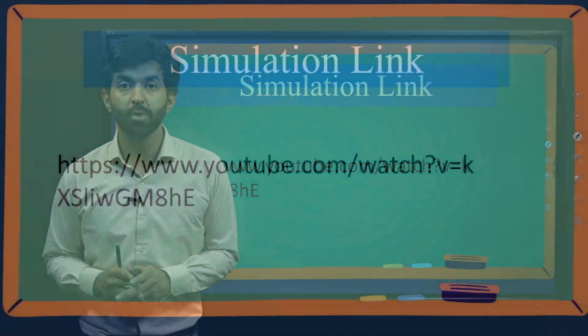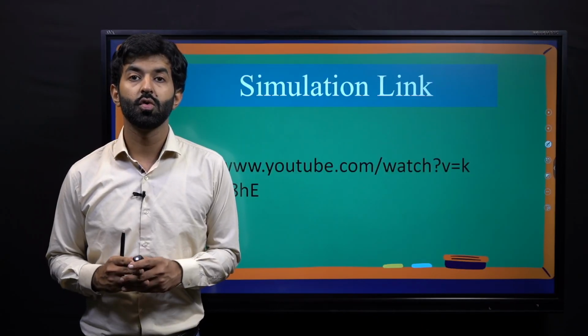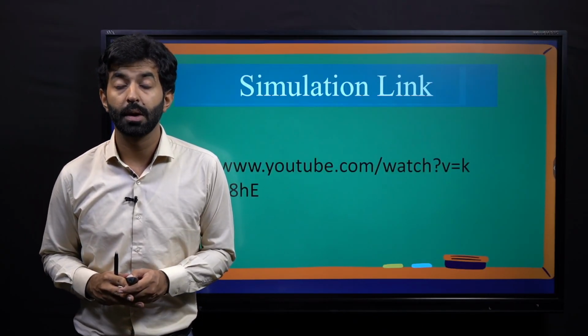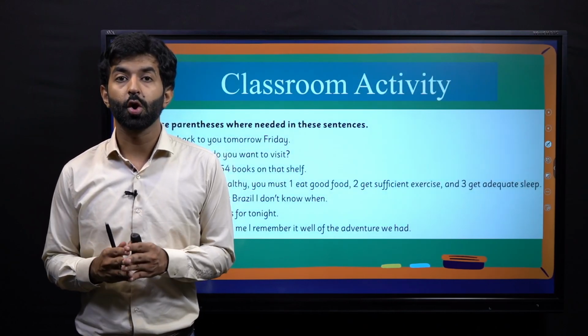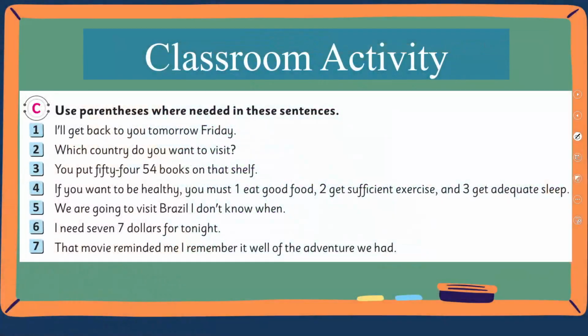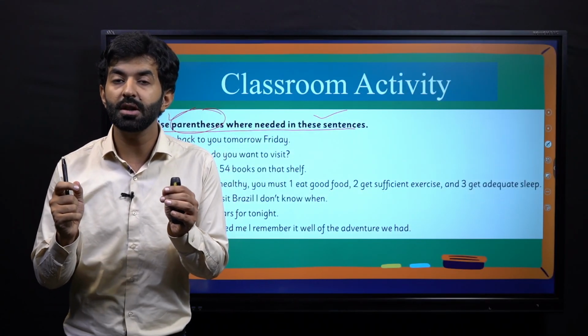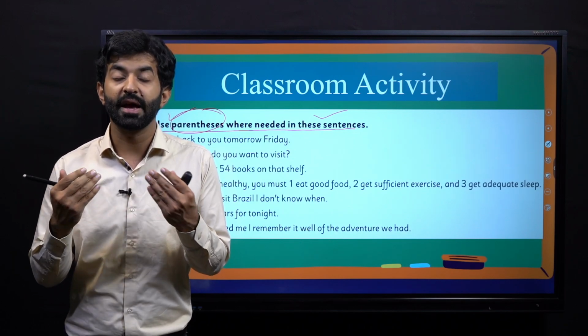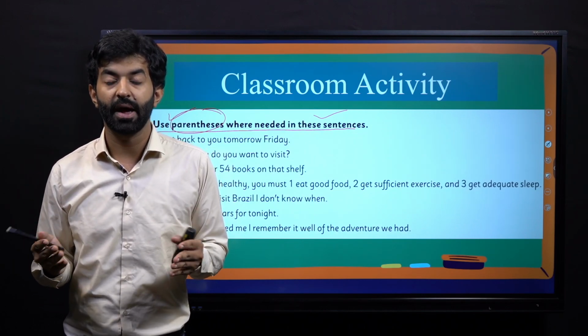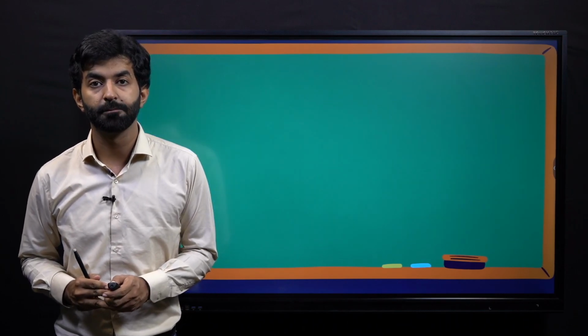You can watch this simulation link, students, to understand more about parentheses. And for your classroom activity, you have to solve the related exercise to the main lesson. Use parentheses where needed in these sentences. Read the sentences, figure out if the information is additional, if there are any numbers, explanatory material, etc., and use the parentheses correctly.